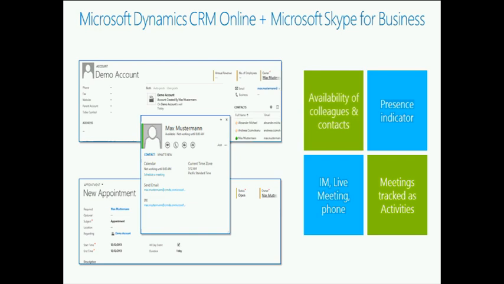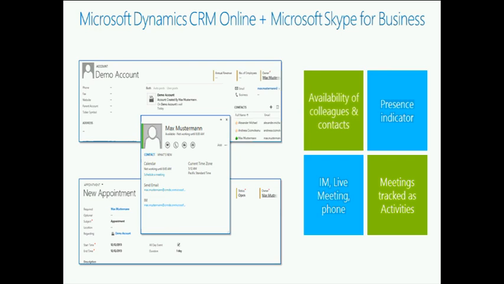We get that information right in CRM, and you can see the top screenshot off to the right, there's 3 little circles, 2 of them are red and 1's green. So we get that presence notification that, hey, it looks like Max is online here. I could quickly click on the little presence icon and do an IM chat with him, or call him, or send him an email.